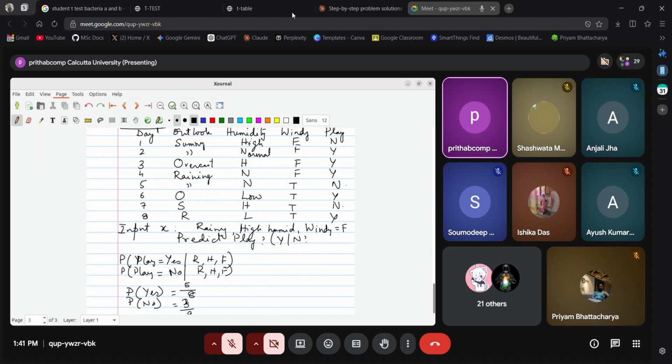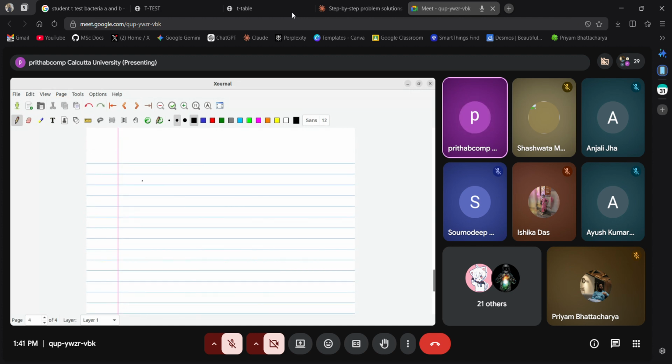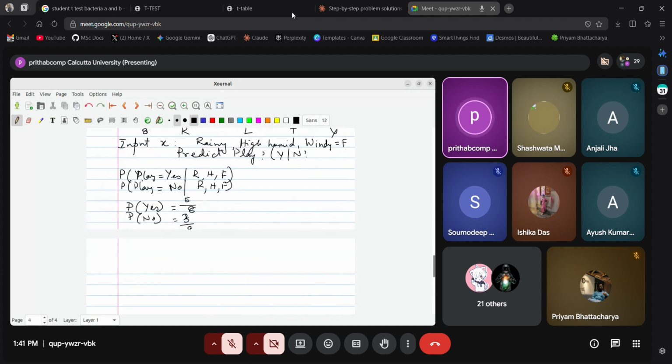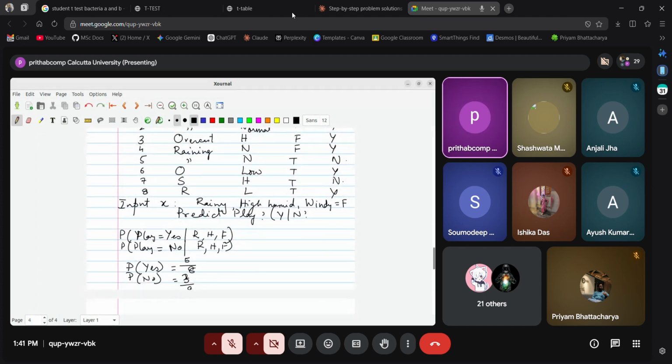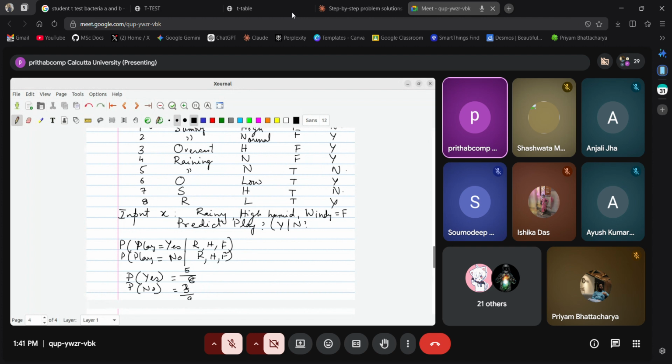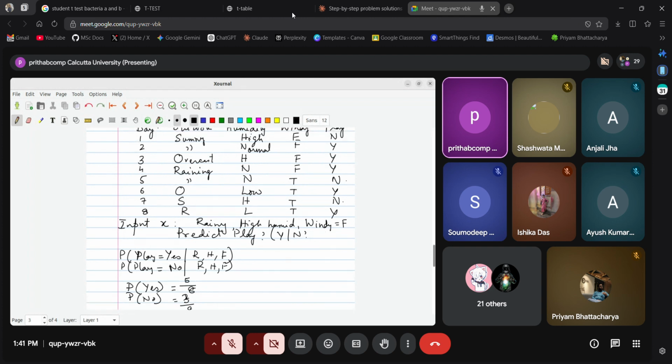Take a new page again, we need this information. So this is 3 by 8. I'll write it like this so that I can see. Then what is the probability of rain given it is yes?